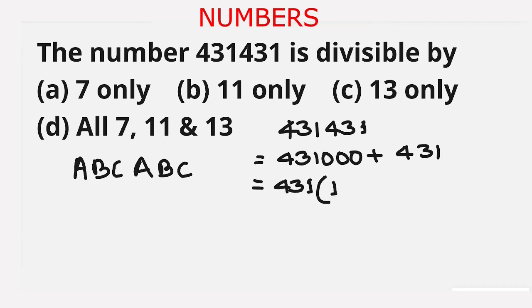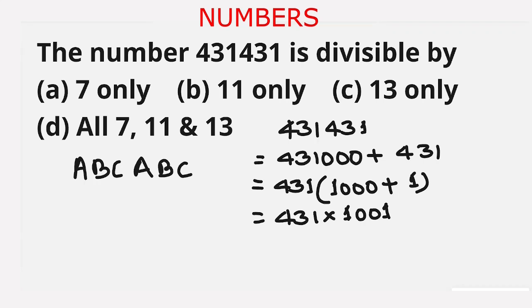So this will be 1000 plus 1, and this will become 431 multiplied by 1001. Now if 1001 is divisible by 7, then the whole number is divisible by 7. If this number is divisible by 11, then the whole number is divisible by 11. And if this number is divisible by 13, then the whole number is divisible by 13.